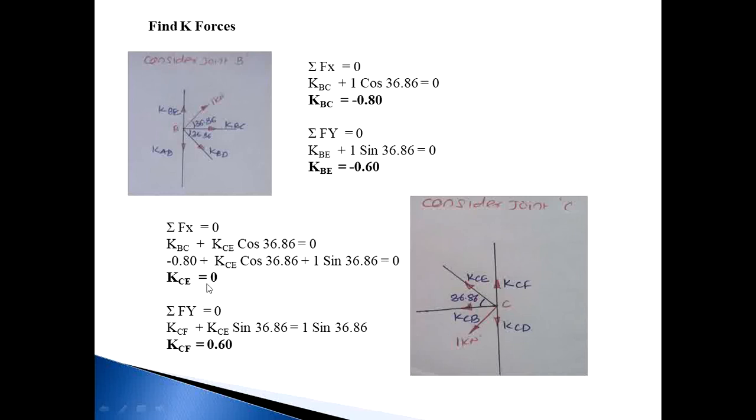So KCE value becomes 0. Then summation Fy is equal to 0. KCF plus KCE sin 36.86 and 1 sin 36.86 in downward direction. So KCF becomes 0.60.